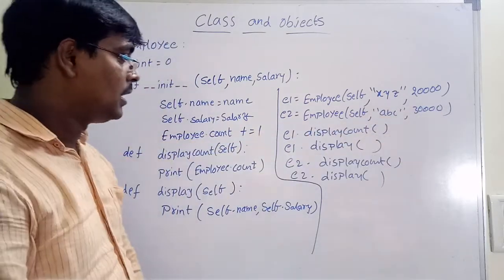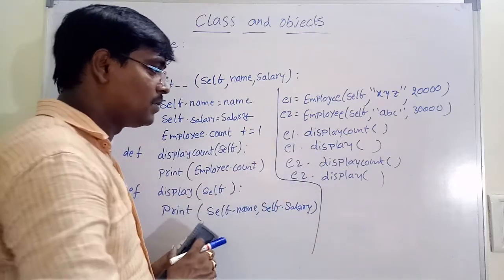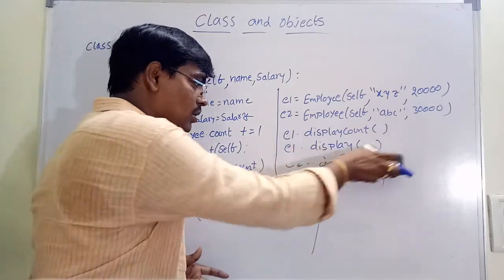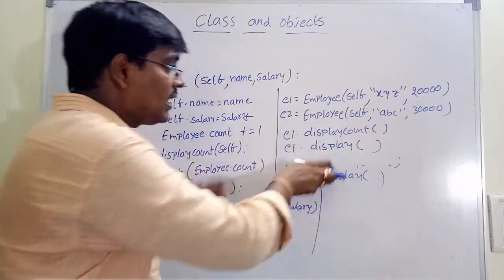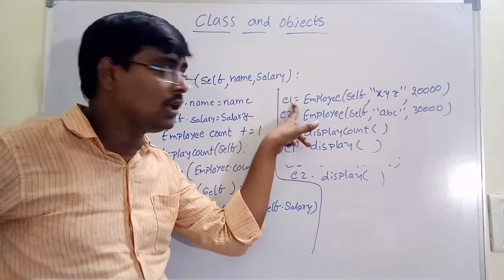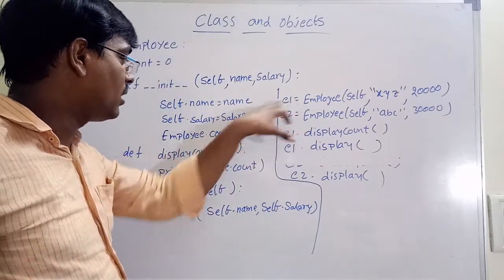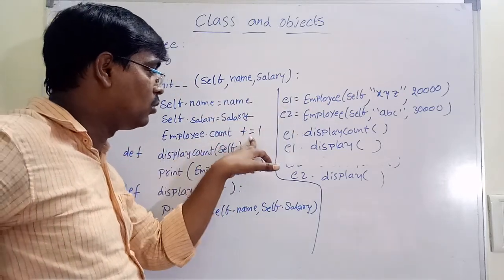Otherwise, simply E1.displayCount. Actually, there is no need of this also. Whenever we create an object, the constructor is called. So automatically for E1 the count is 1, for E2 the count is 2.